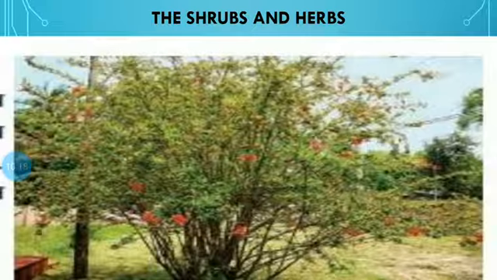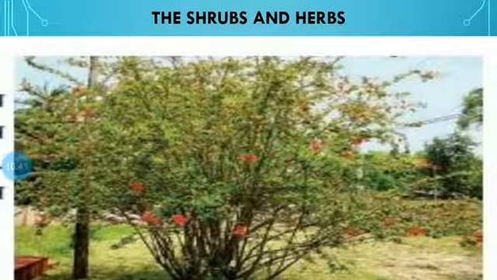The height of the shrub is up to 3 meters, but the height of the herbs is 1 to 1.5 meters tall. The stems of herbs are green and quite flexible as compared to those of trees and bushes. Herbs may live for a few months or up to 2 years. They have a short duration of lifetime.